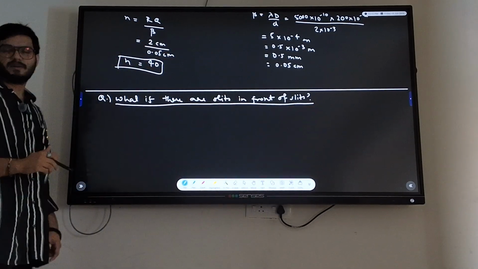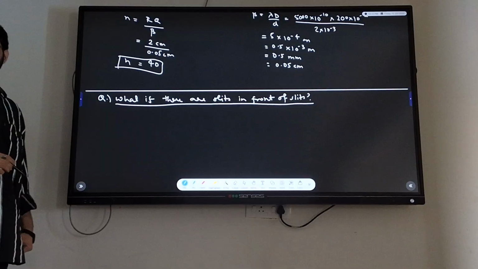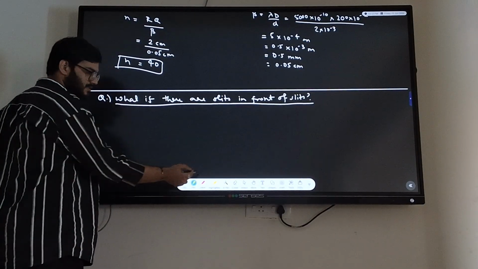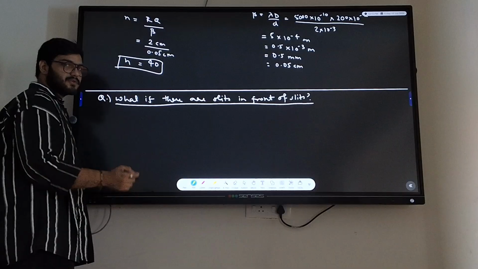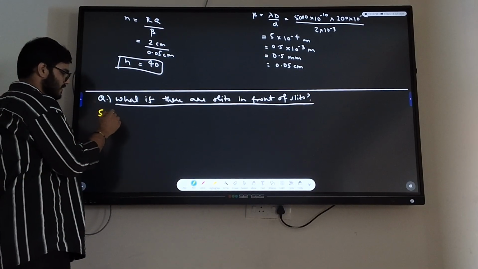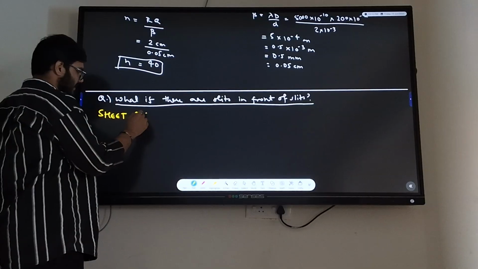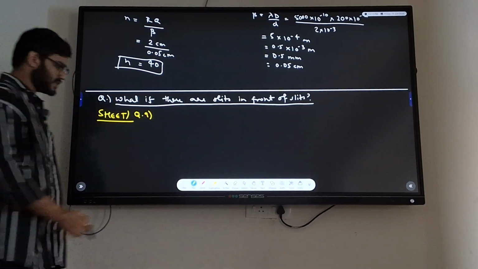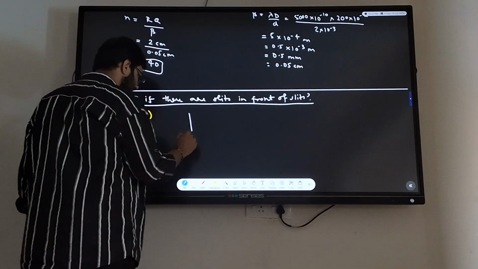So let me give you the diagram of question number 9 from the sheet and based on that I will explain. I will do question number 9 and you have to do the 10th one yourself. The situation is something like this.